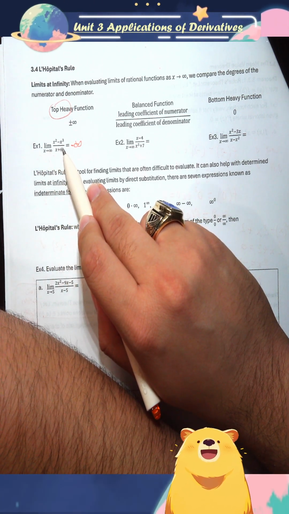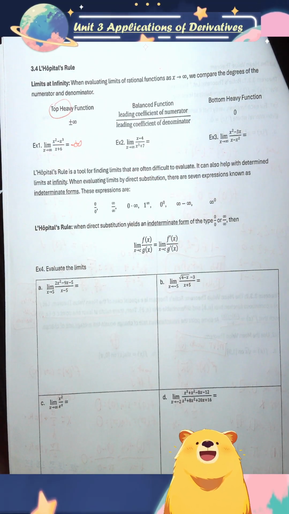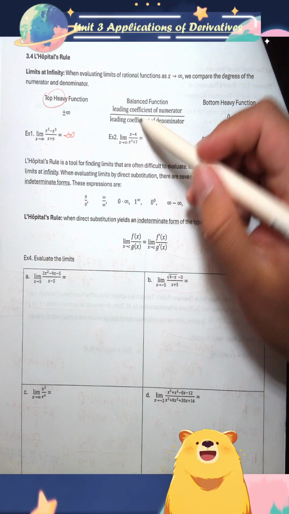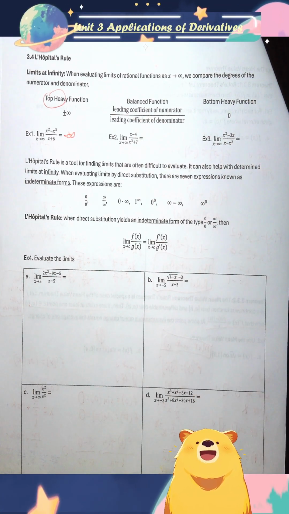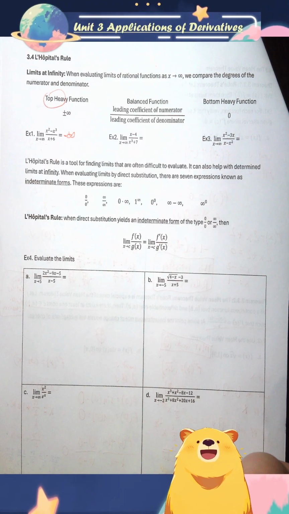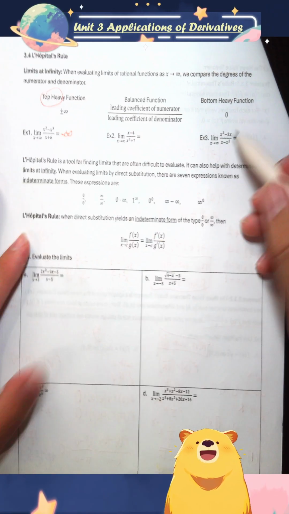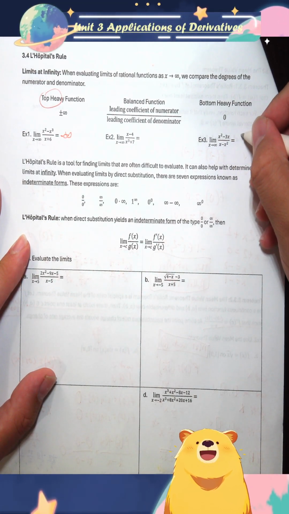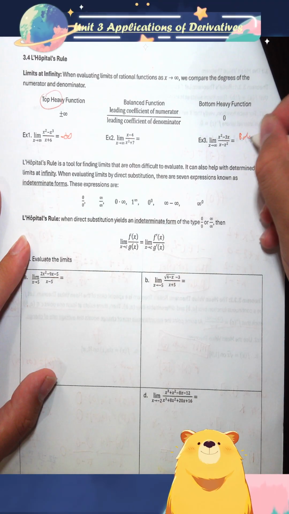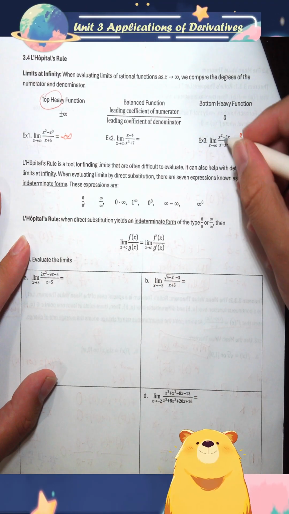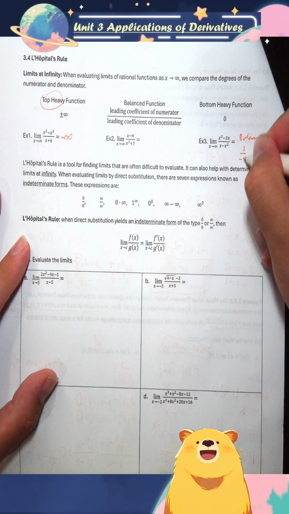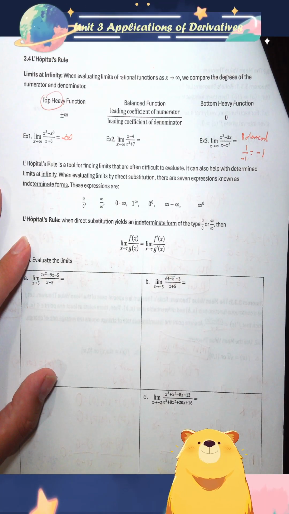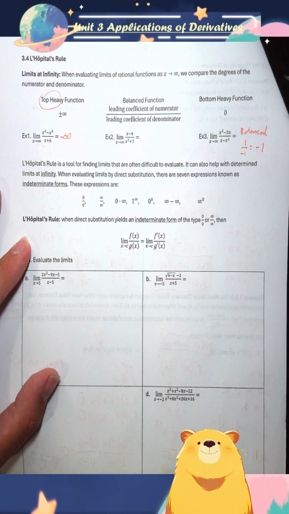And then we jump to if it's balanced, if the leading coefficient of the top matches the leading coefficient of the bottom. So we see right here that these both have x squared. So that means this is balanced. And you take leading coefficient top, divide by leading coefficient bottom, and you get that this limit goes towards -1 as x goes towards infinity.